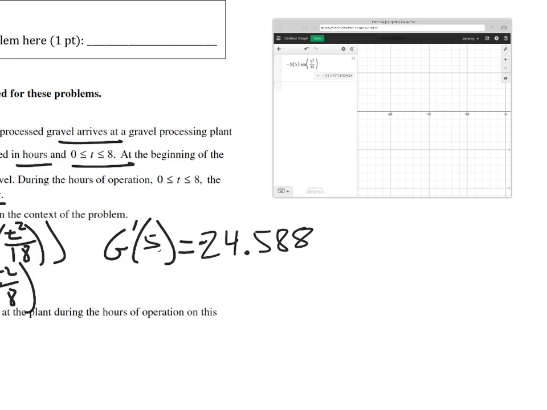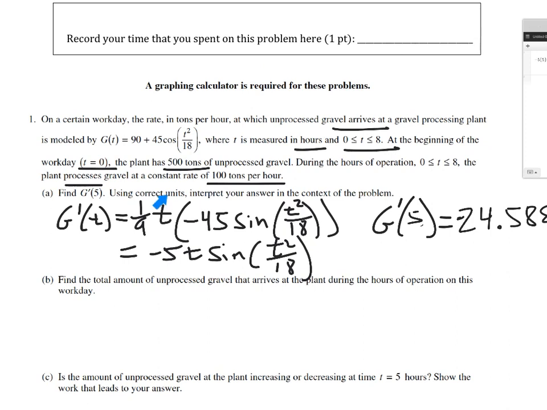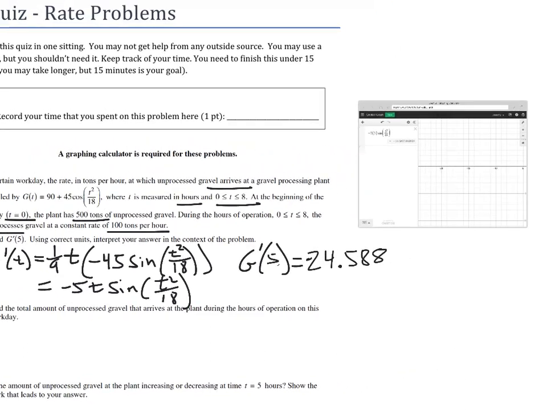Now, let me show you maybe a little quicker way to do this. You don't have to show all this to the AP people, especially if it's calculator required. So we have this function. I'm going to go ahead and enter this function. You can do this in your TI-Nspire calculator or whatever CAS calculator you're using.